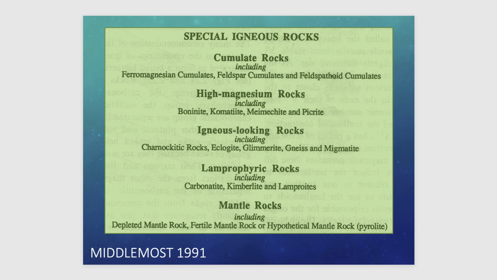One example are the cumulate rocks. These include ferromagnesian cumulates, feldspar cumulates, and feldspathoid cumulates. We have mentioned cumulates in a variety of environments, but you have to think of cumulates as either part of a process of fractionation within a magmatic chamber, or they could be related to a lava flow.